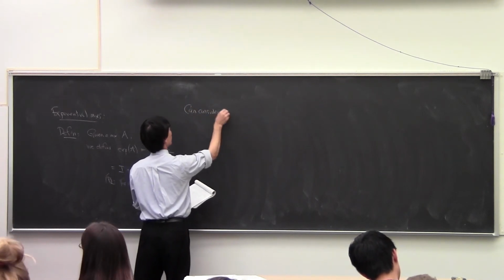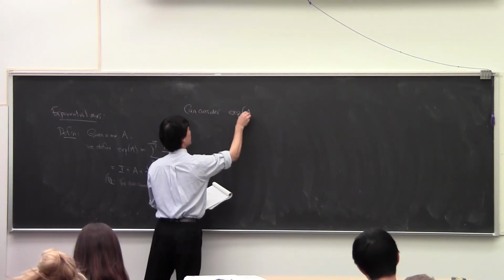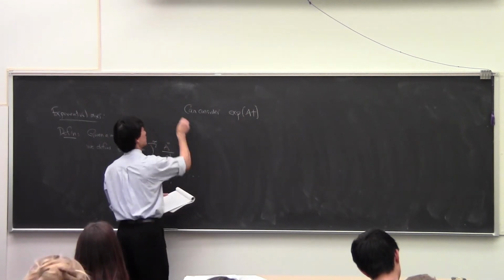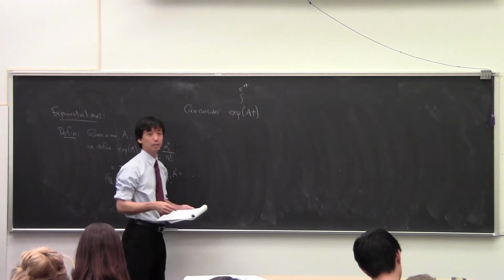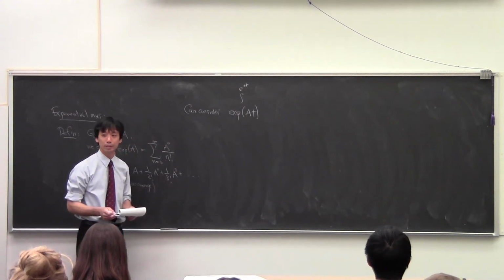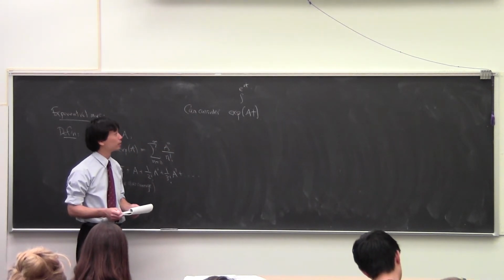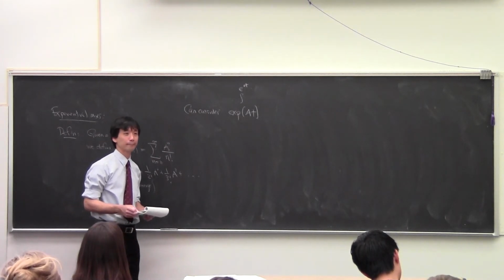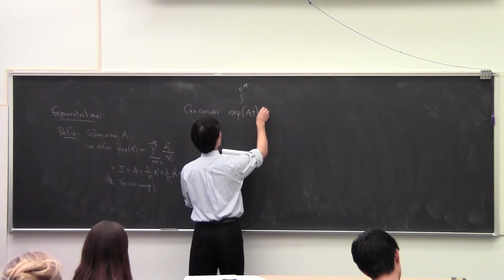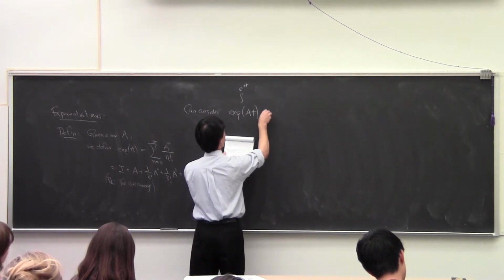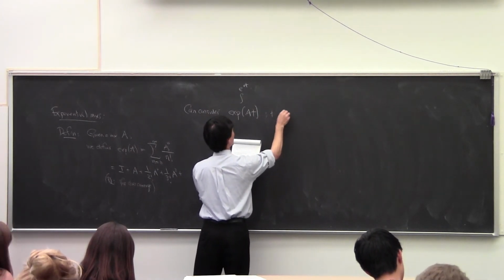So we can consider the function X of At. This is the analog of e to the at, like the solution to that scalar valued equation that we had a second ago. Here t is your scalar variable.